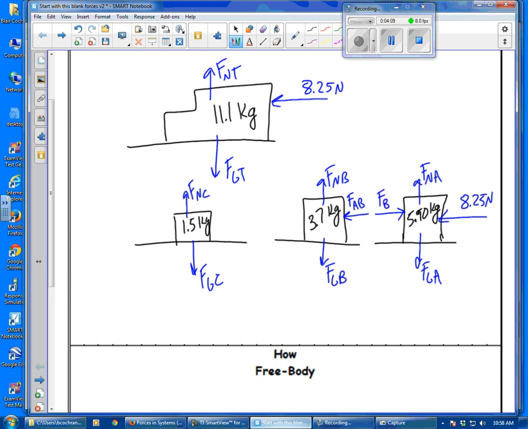So the force of B pushing on A. And if B pushes on C, C pushes back on B. This is B pushing on C, and this is C pushing back on B. And of course, we know from Newton's third law those forces are equal in magnitude, right? But opposite direction.